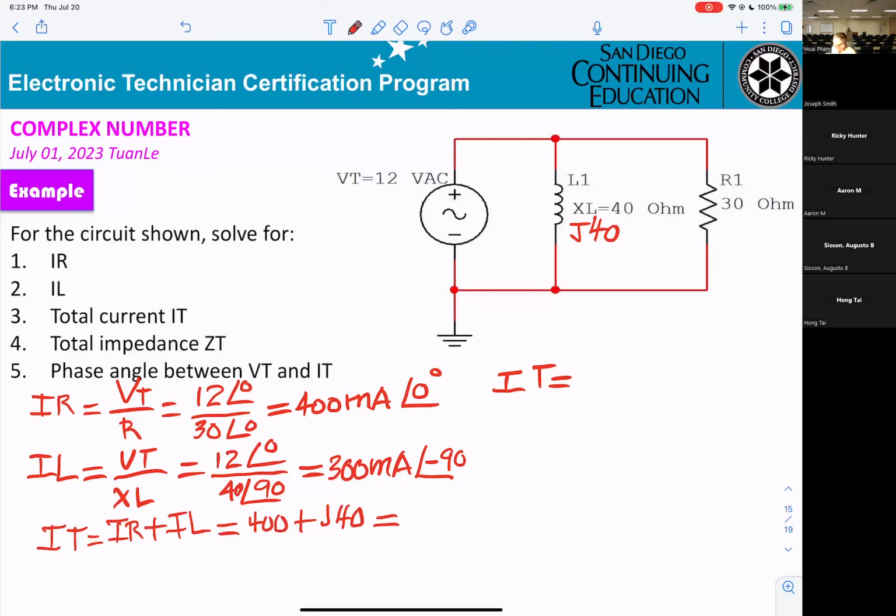Let's see, IL will be, sorry, IL will be 300 minus J 300.